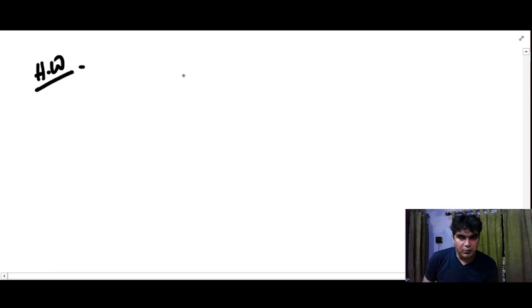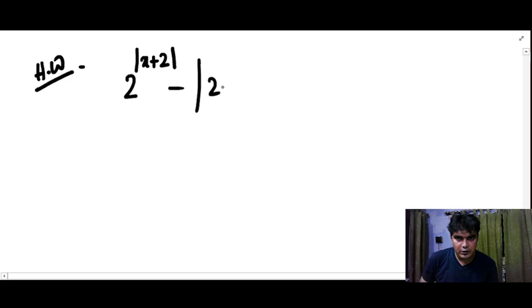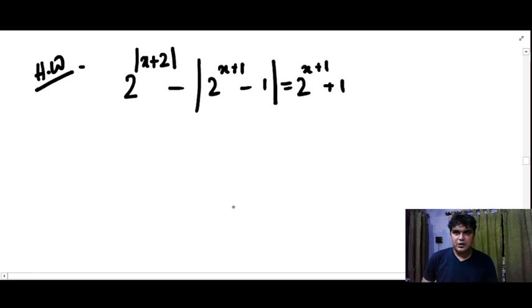The homework is: mod of 2 to the power mod x plus 2, minus mod of 2 to the power x plus 1, minus 1 equals 2 to the power x plus 1 plus 1. Here again I can give you one hint.